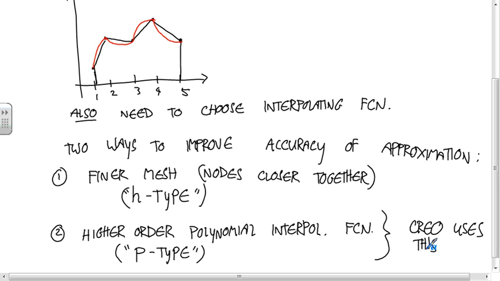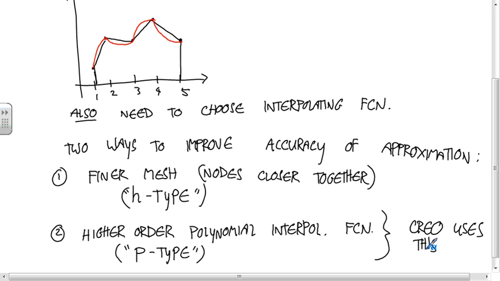The benefit of that is that remeshing, like coming up with a new workable set of nodes, takes a lot of computer time. And so Creo uses this approach where you don't have to keep going through that expensive process of coming up with a new set of nodes that'll work.